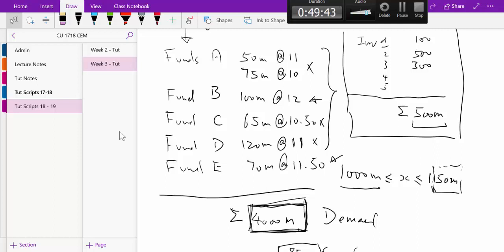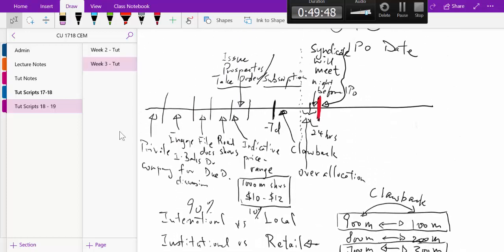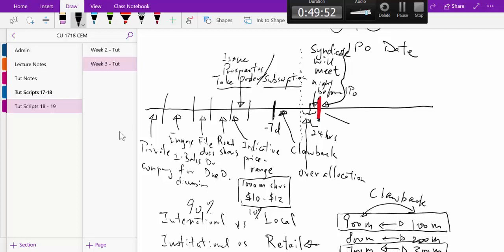Now, after you do that, on the actual IPO day, you have a price. Let's say 11. So this is the actual price that the stock is going to start trading at 9 a.m. in the morning or 9:30.